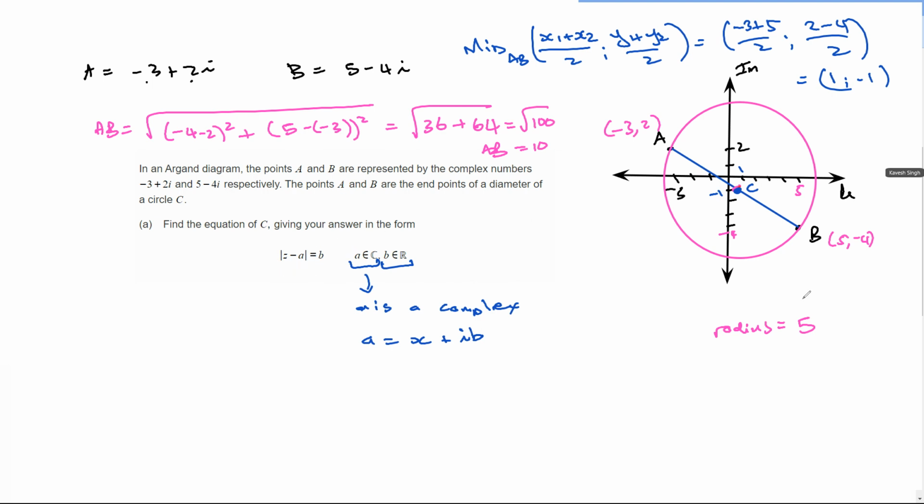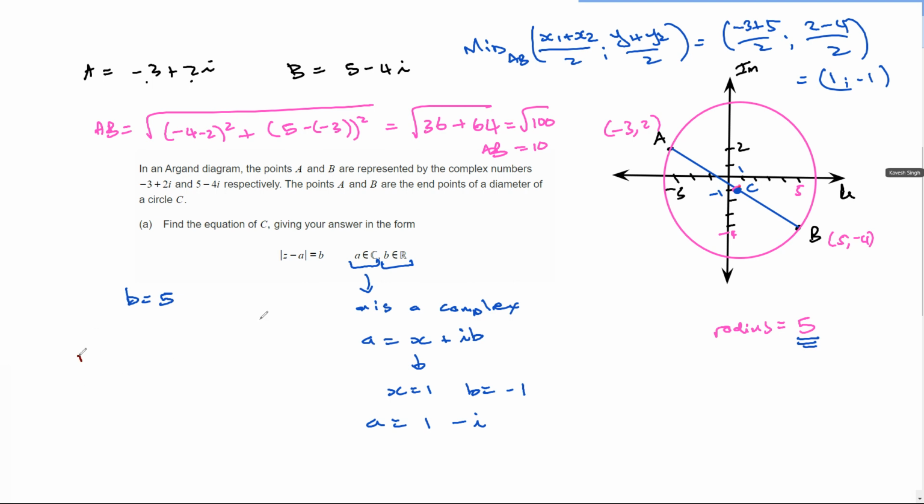We're looking at the center, and we know that the radius is equal to 5. That is actually what b would be. So b would take on the value of the radius, which is 5. And a would take on the value of the center, in which case, built on the concept of the center, my x value is 1, my y is -1, so a will equal 1 minus i. And so therefore, we would put them together, and our final answer would look like this.